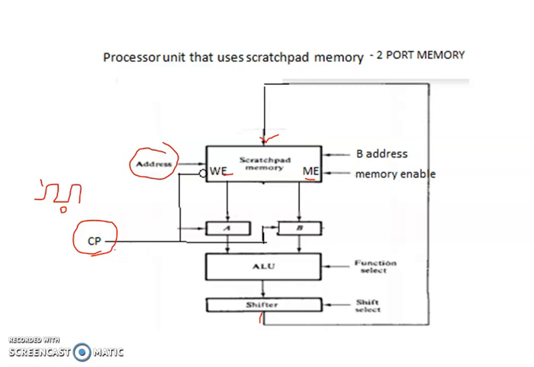So when the clock pulse is set to 1, it will be accepting new information from the memory. Similarly, if the clock pulse is set to 0, then it is disabled, so it won't be accepting any data from the memory.